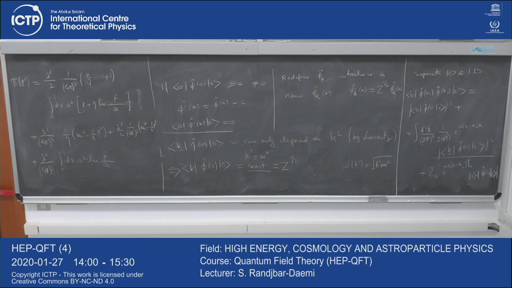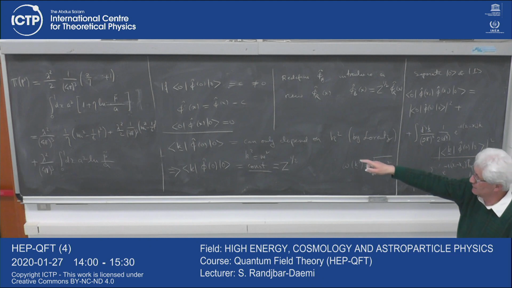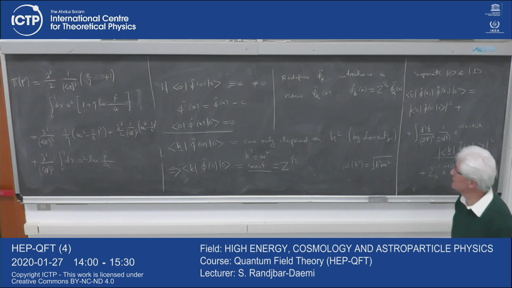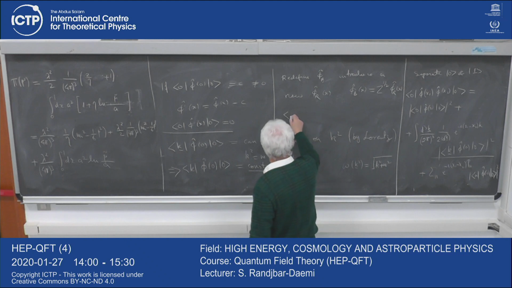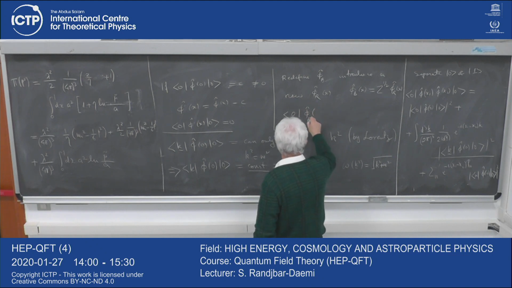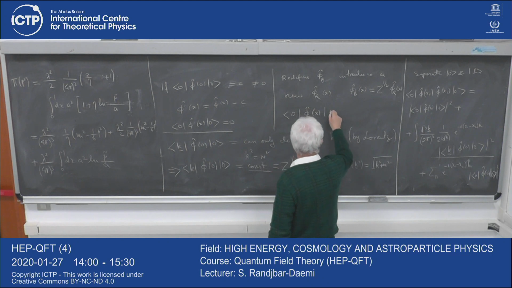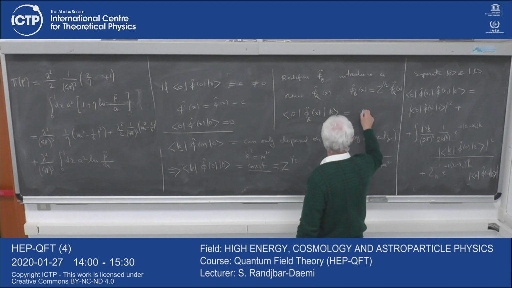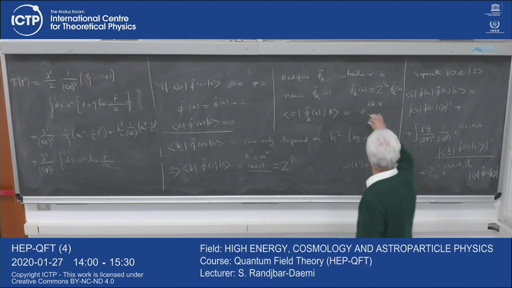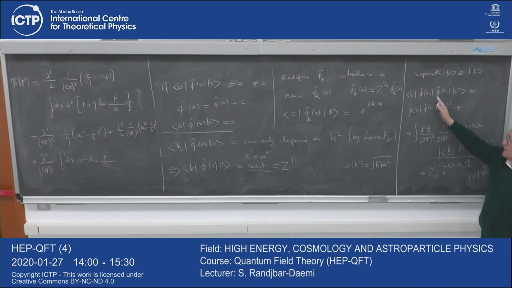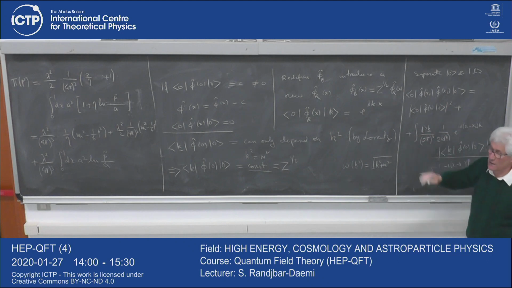Now going back to the reasoning that we made about the momentum eigenstates, this essentially means that the transition of the renormalized phi between a single particle state of momentum k and the ground state is e to the i k dot x. If you go back into the way that we inserted the complete set of states, that's what it implies.